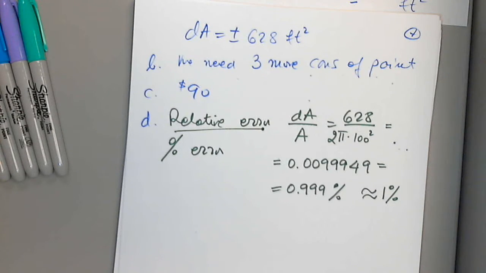Because of the tolerance, we have an error in the area of 628 square feet. If we divide that by the entire area, it's 1% of it. So the error is 1% of the entire exact area.